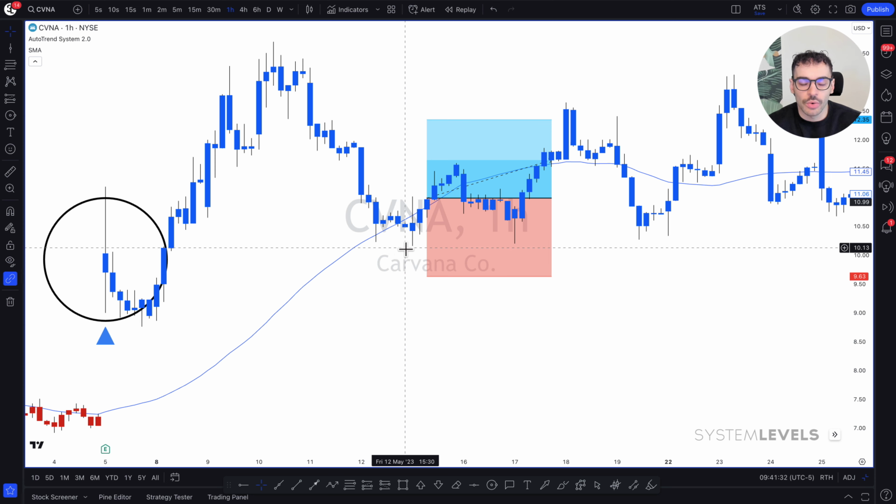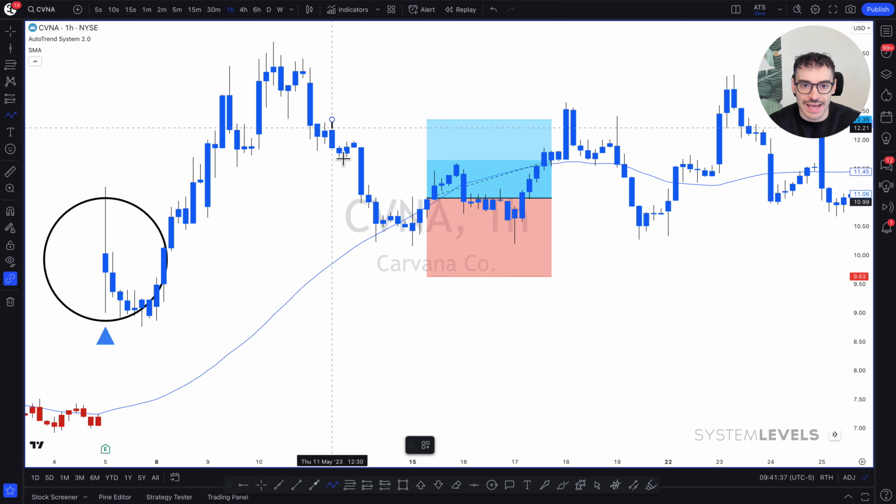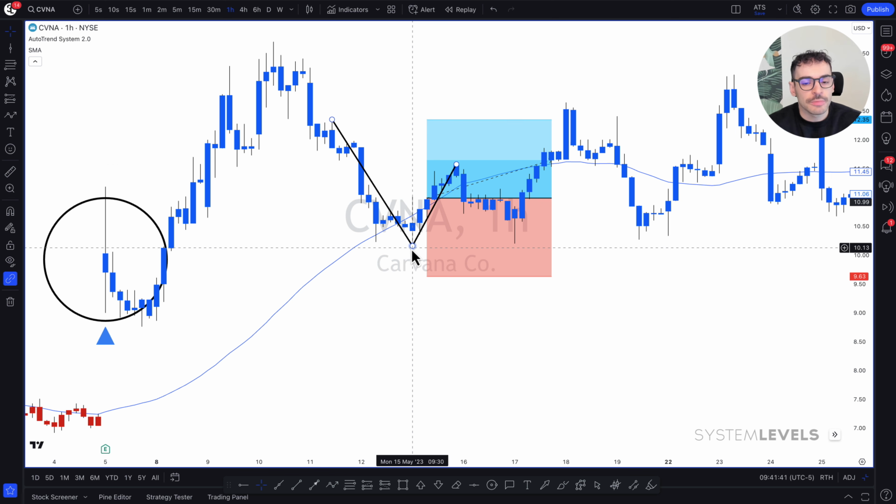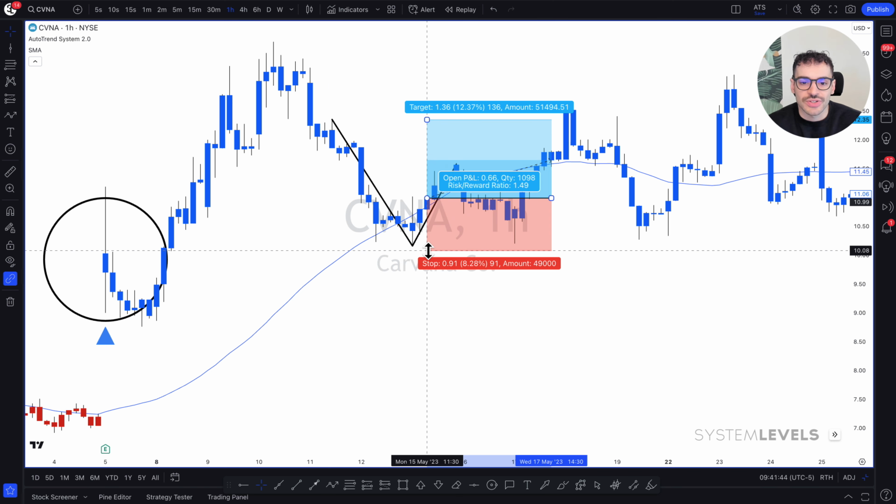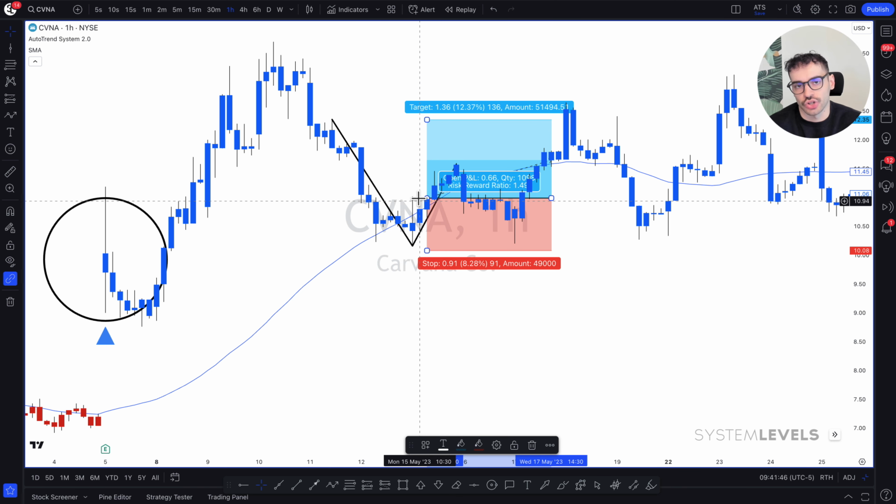Not the swing low that created the pullback. So not this one here as price went down, put in a low and then moved back higher. I wouldn't be using this swing low because that's quite close to my entry.